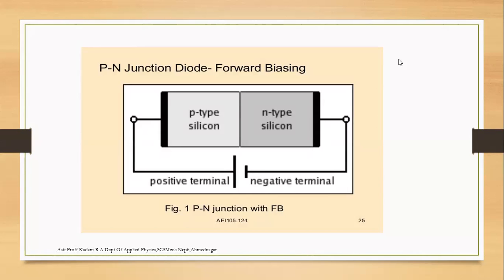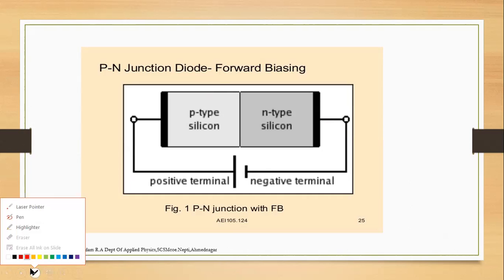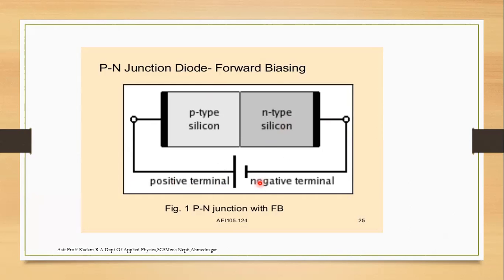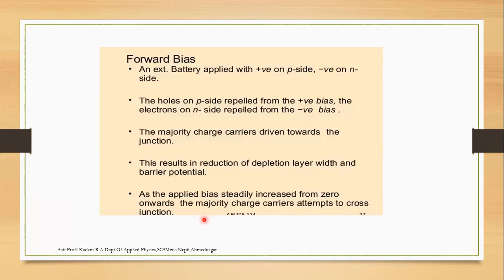Then the last topic is the PN junction types. In the PN junction with forward biasing, the P type silicon and N type silicon are connected to the positive terminal and the negative terminal, as shown in the figure. That is the basic circuit diagram of the PN junction forward biasing. In forward biasing, the external battery is applied with positive to the P side and negative to the N side.